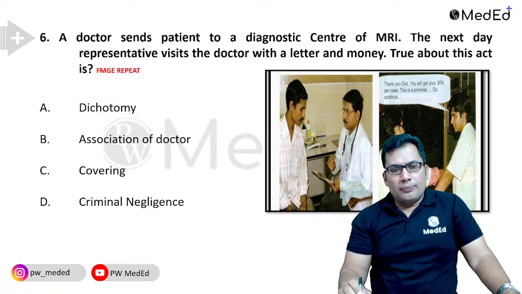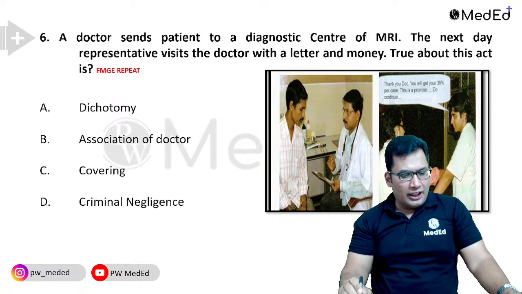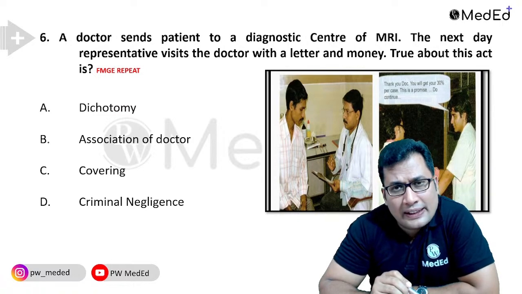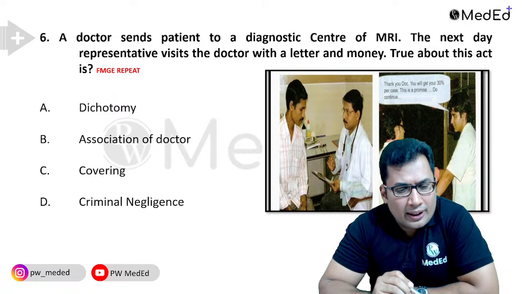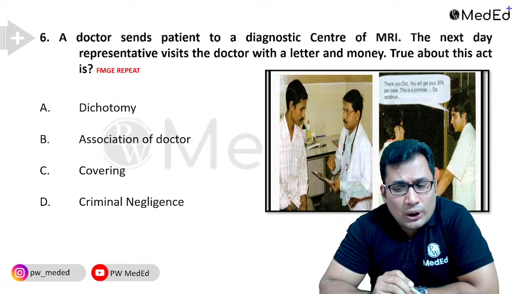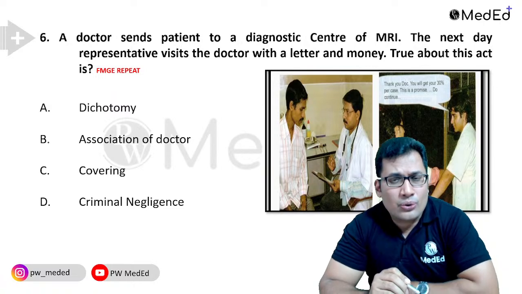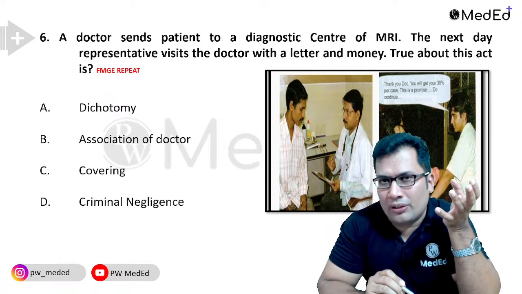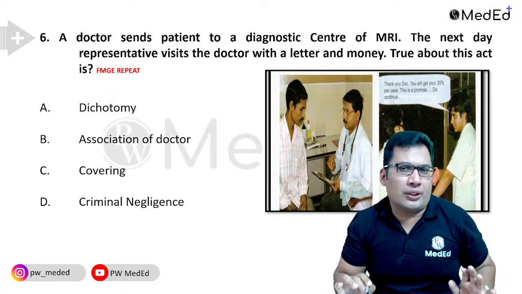Now, this question was asked in FMGE. A doctor sends a patient to a diagnostic center for MRI. The next day, a representative visits the doctor with a letter and money. True about this act is: the question is whether the doctor is taking commission or giving commission.